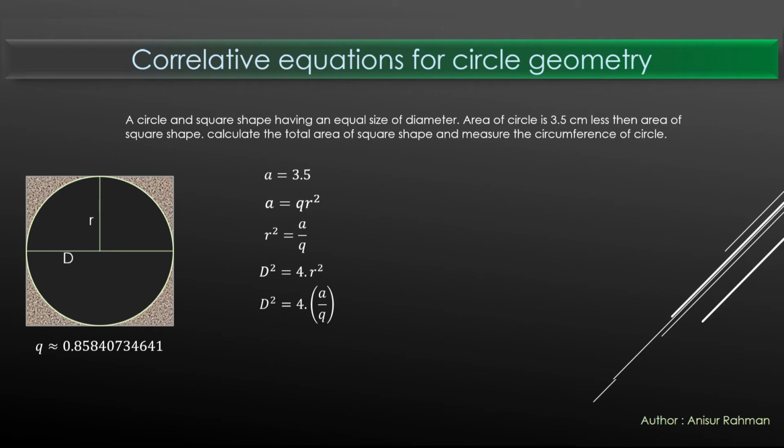In decimal, the area of the square shape, or d square, is equal to 16.3092, and this is the result of our first problem. So we find r is equal to the square root of small letter a over q, meaning radius is equal to the square root of small letter a over q.